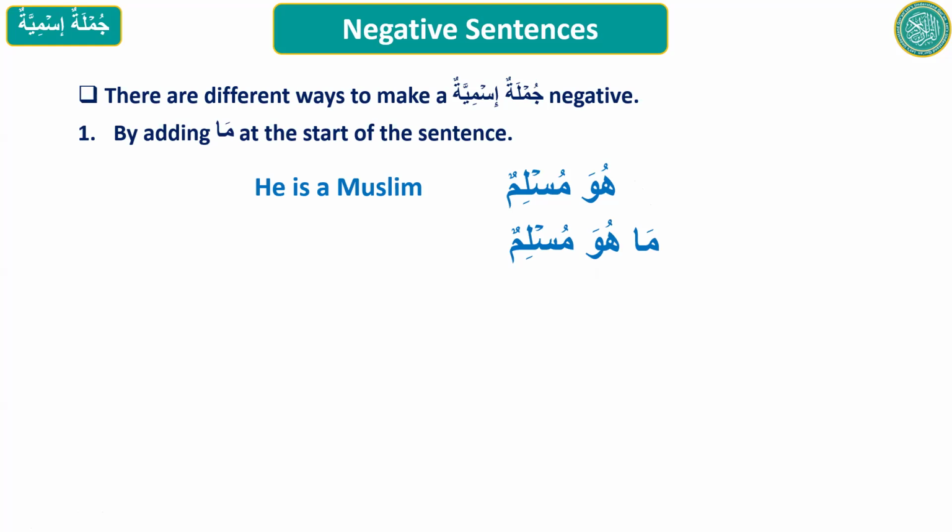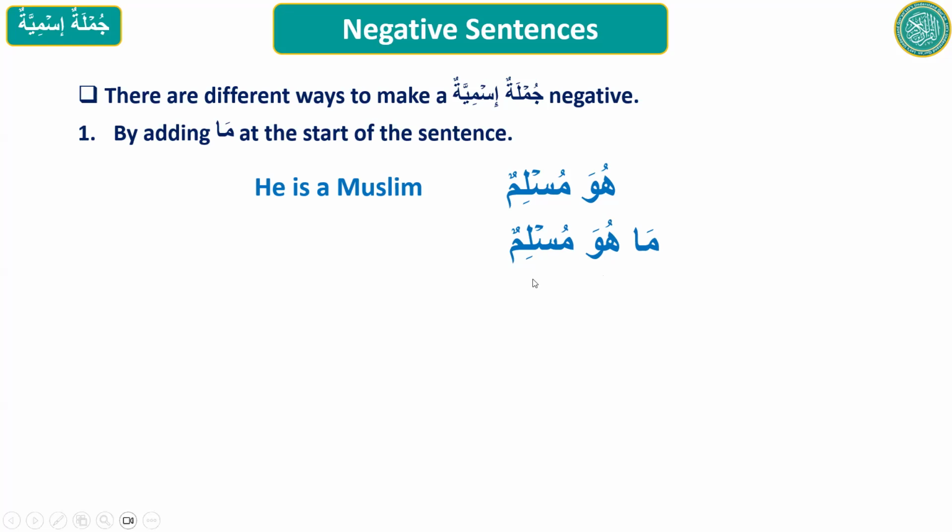But there is a problem. Arabs don't say like that. When they use ma to make a jumla ismiya negative, they don't touch the rafa. They don't change the mubtada. They don't do anything to it. Mubtada remains what it is. But the khabar becomes mansub. Its status changes to nasb.